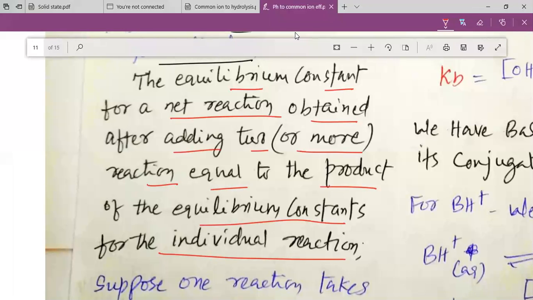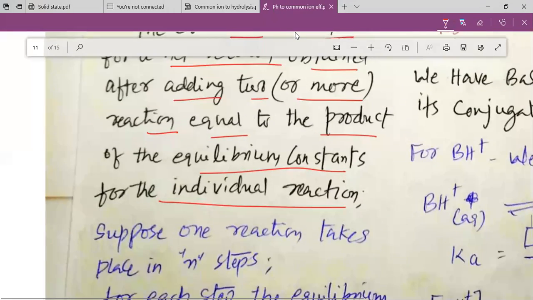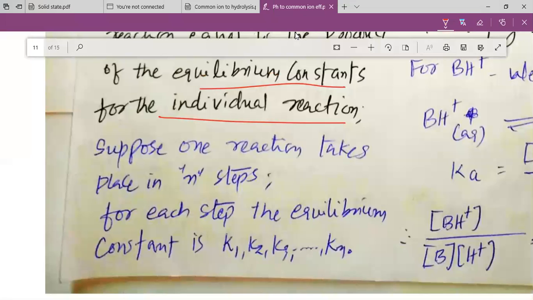So if you add two or more reactions which are at equilibrium, then you get the net reaction. Once again, when you add more than two equilibrium reactions with each other and you find out the net reaction, the equilibrium constant for the net reaction is the multiplication of the equilibrium constants of the various equilibrium reactions that you have added to each other.